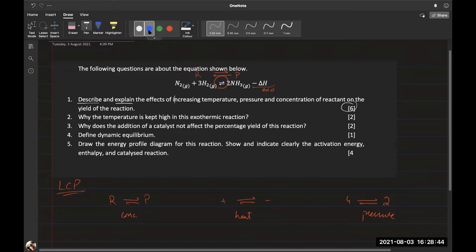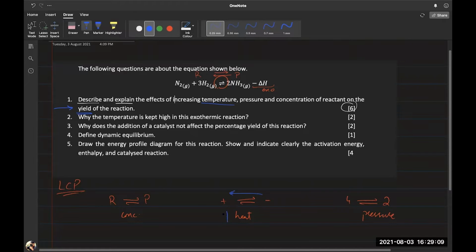Let's analyze it one at a time. We start with increasing temperature. Now remember, we are talking about yield. Yield means going to the right, so we are looking for when it goes to the right. If I increase the temperature, it tries to absorb that, so it goes to the endothermic side.